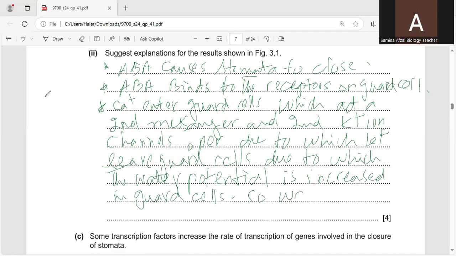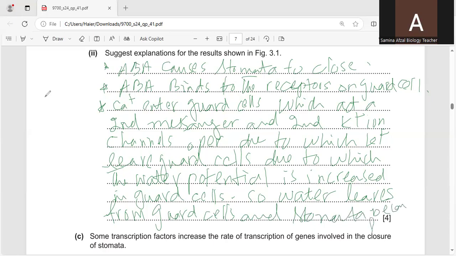So water leaves from the guard cells and the stomata become flaccid, or they close. So in this way, it all takes place.